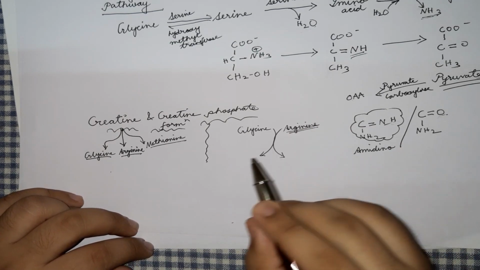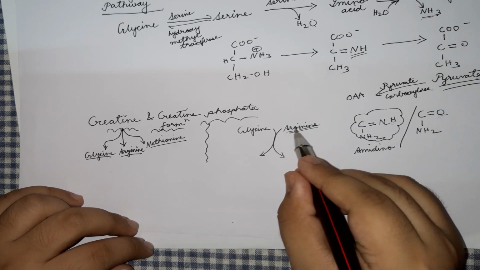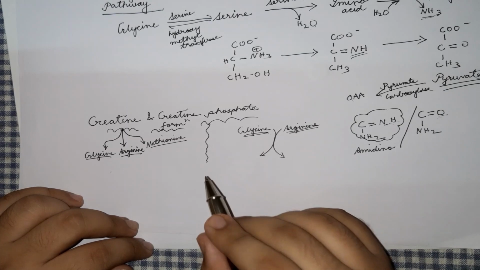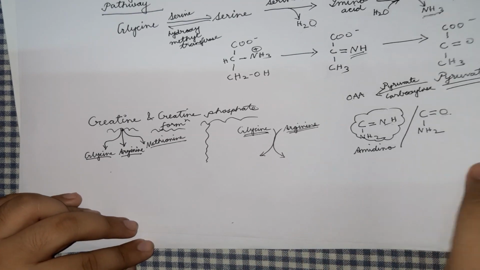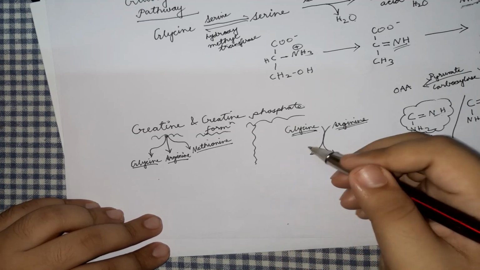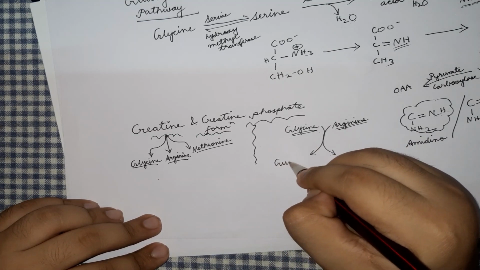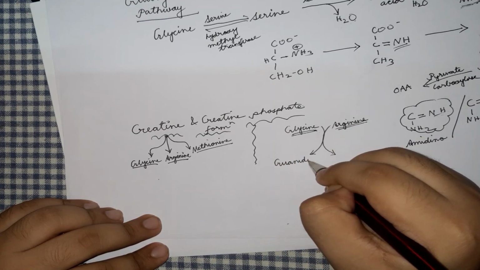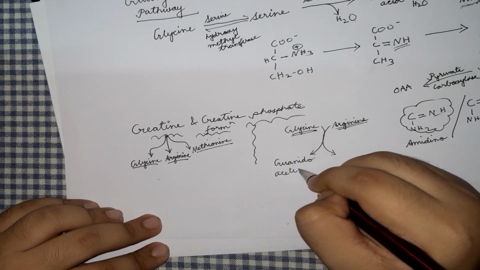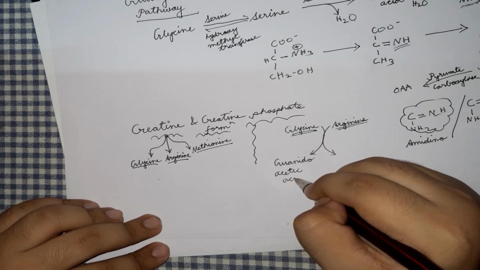Present in arginine. Arginine transfers that amidino group to glycine, resulting in the formation of a very interesting name, guanidoacetic acid.